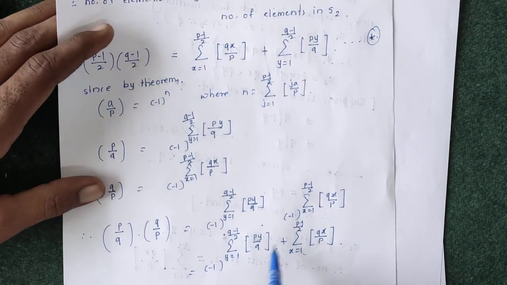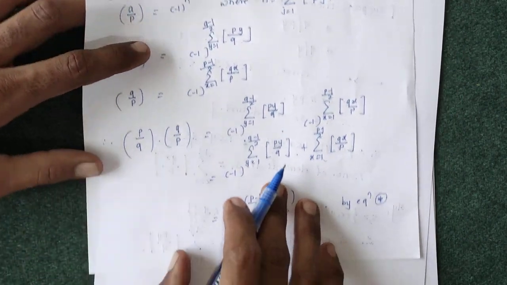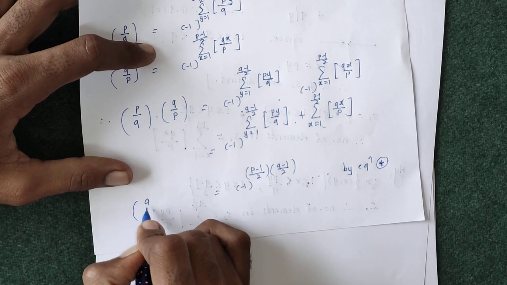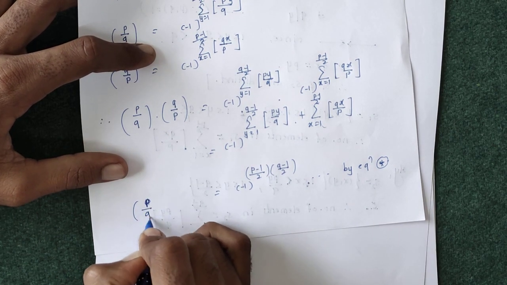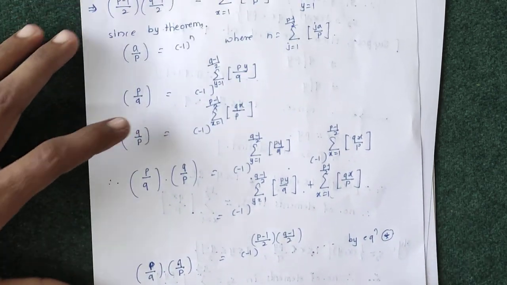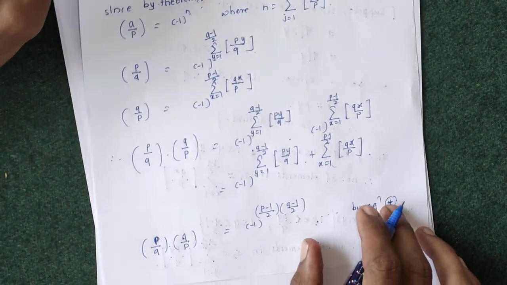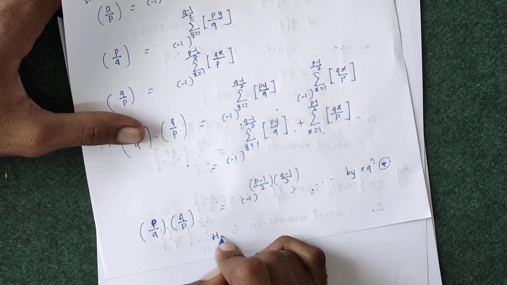So the addition of these two is equal to (p minus 1) by 2 into (q minus 1) by 2. Hence we get the Legendre symbol of p and q into the Legendre symbol of q and p is equal to minus 1 raised to (p minus 1) by 2 into (q minus 1) by 2. Hence the proof.